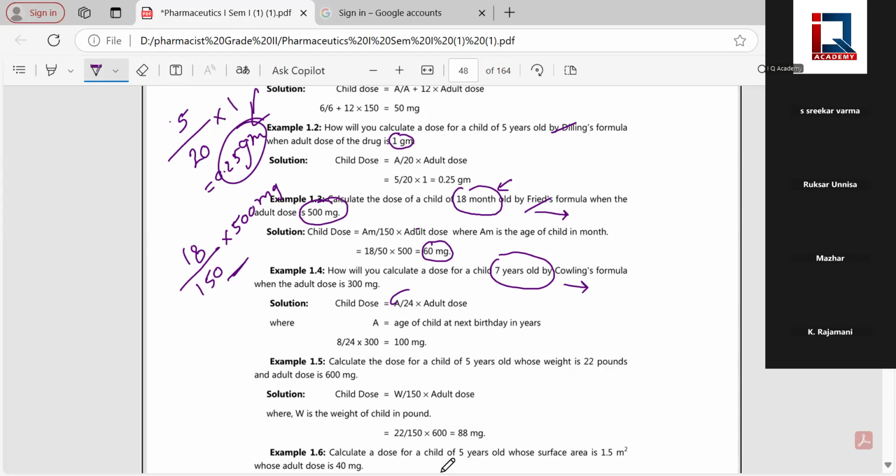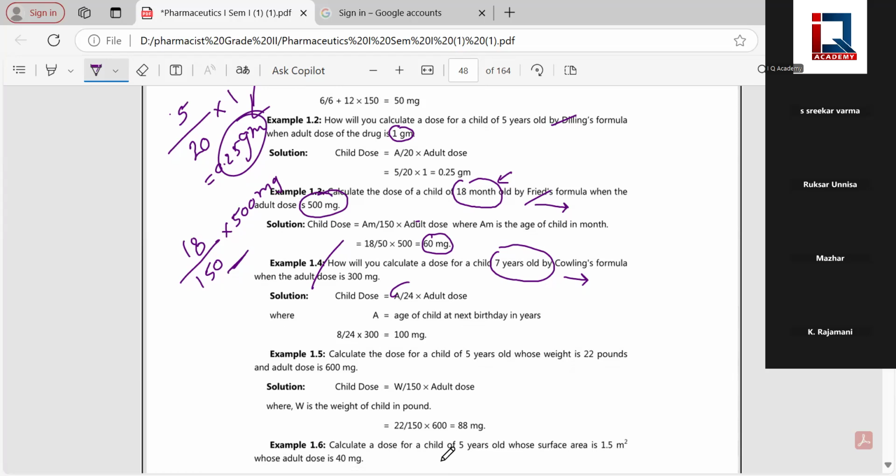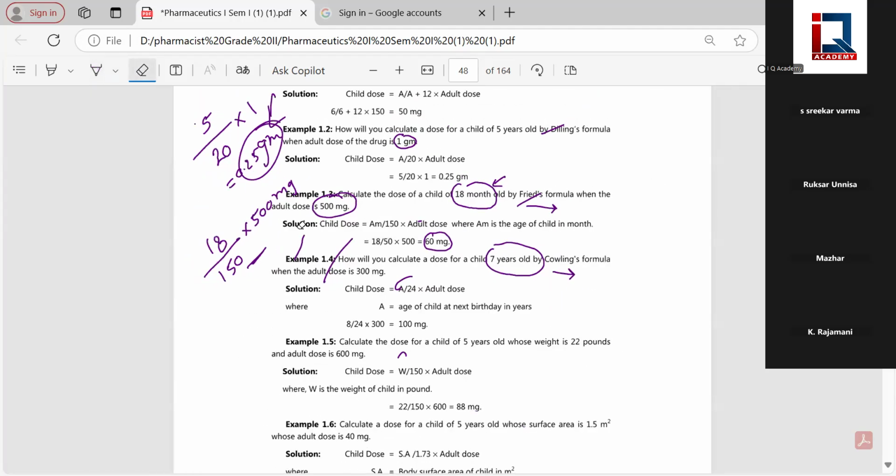Next. See the next calculation. Calculate the dose of a child of 5 years old whose weight is 22 pounds and the adult dose is 600 mg.